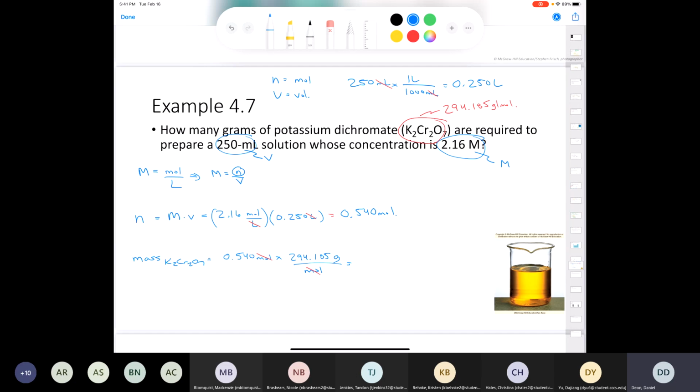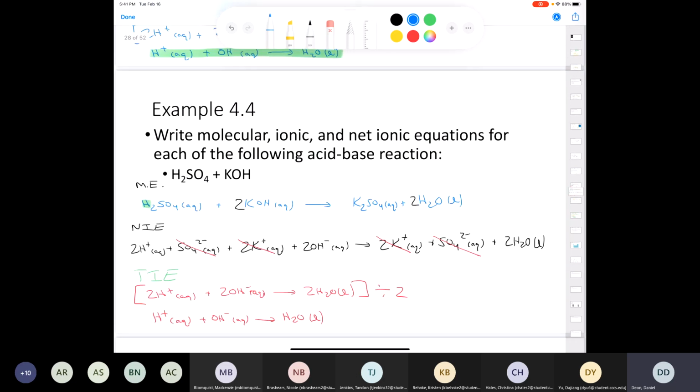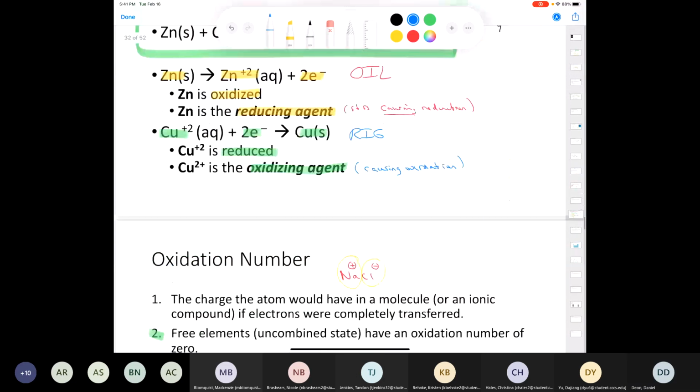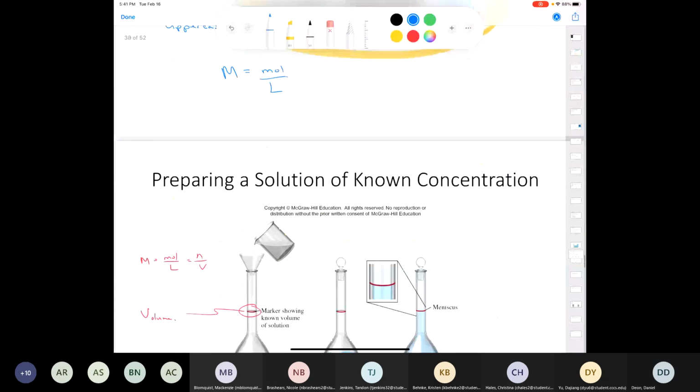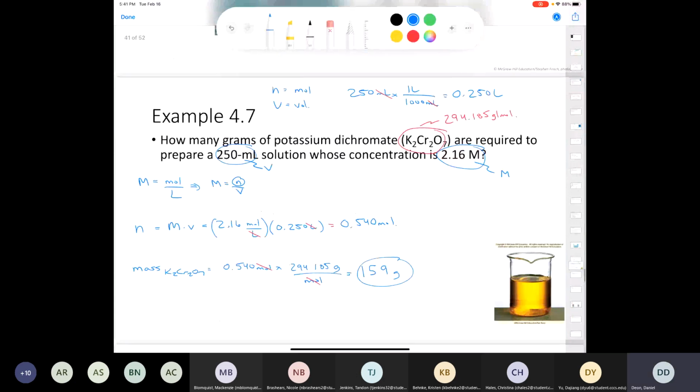If anybody's got a calculator, take 0.54 times 294.185. Yeah, it's 159 grams. I was like, that's not right. 159 grams of potassium dichromate. Give me a thumbs up if you follow me on that one.